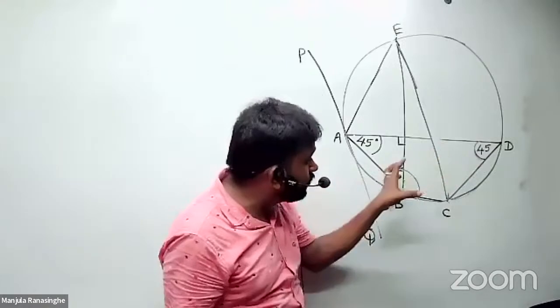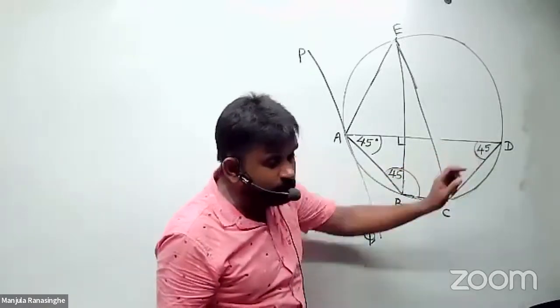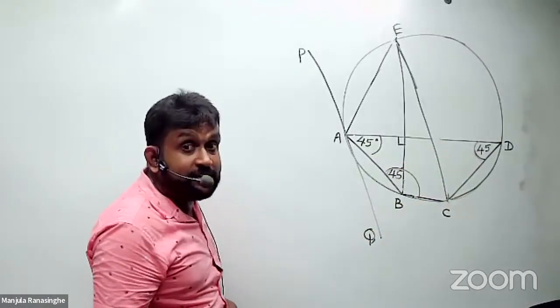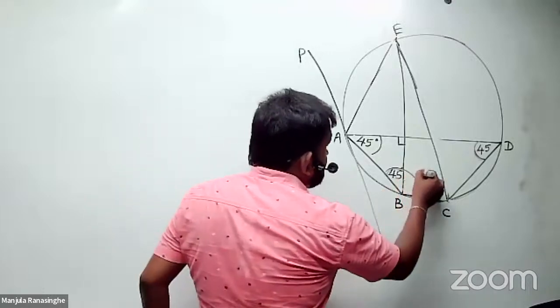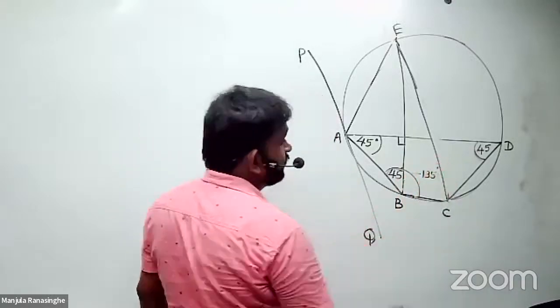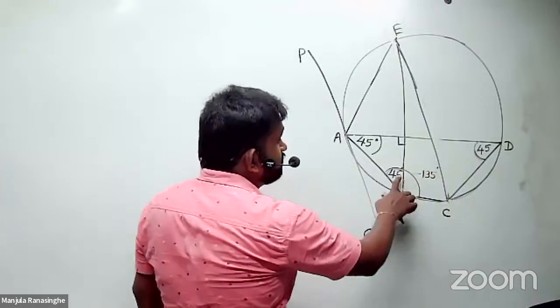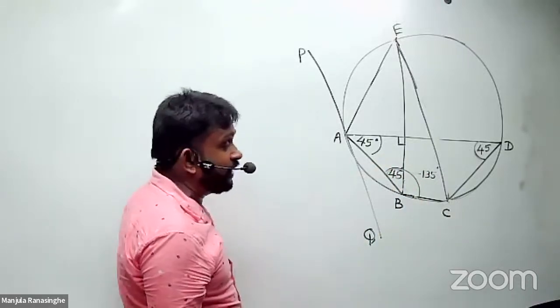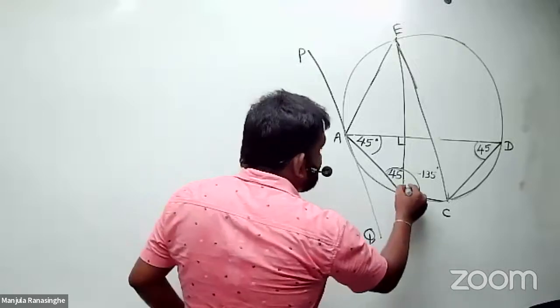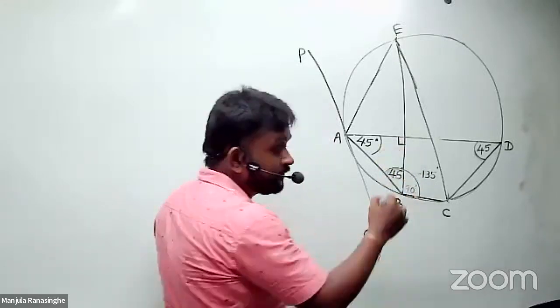You can subtract that 45 from 180, then that should be 135. The whole part is 135. Then from 135, subtract this 45. Then what is the answer? That shall be 90 degree.